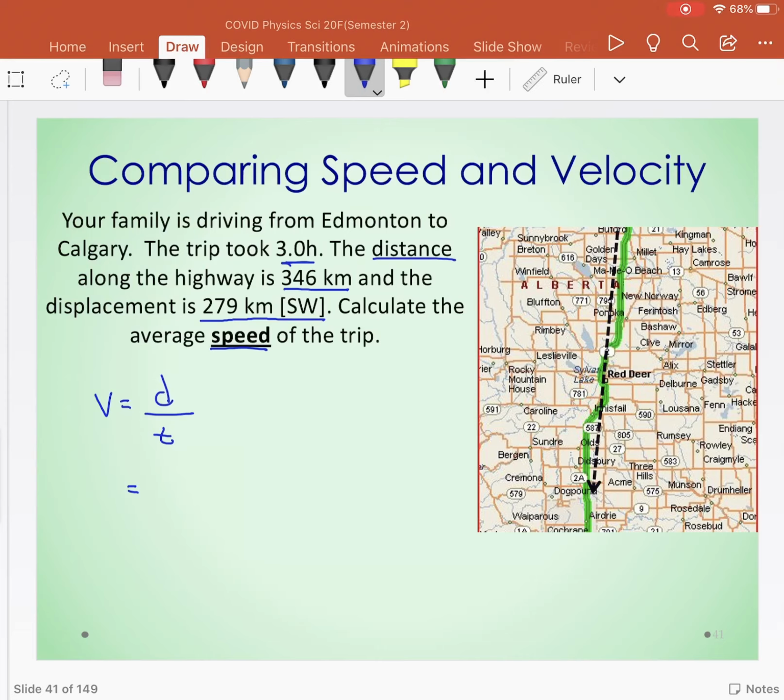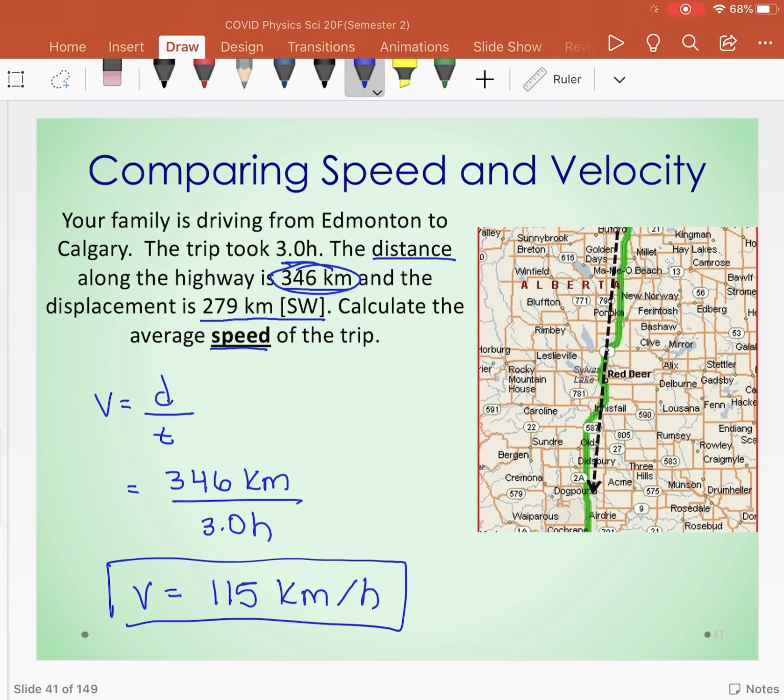Distance is the total journey on the highway, and displacement is the shortest distance from start to finish. So for speed, I'm going to take that 346 kilometers, divide it by 3 hours, and that's going to give me 115 kilometers per hour.